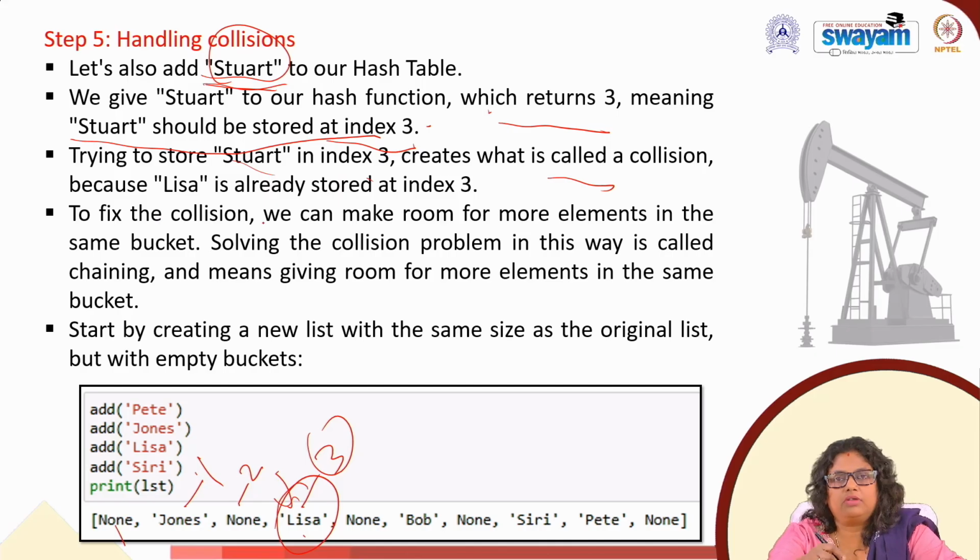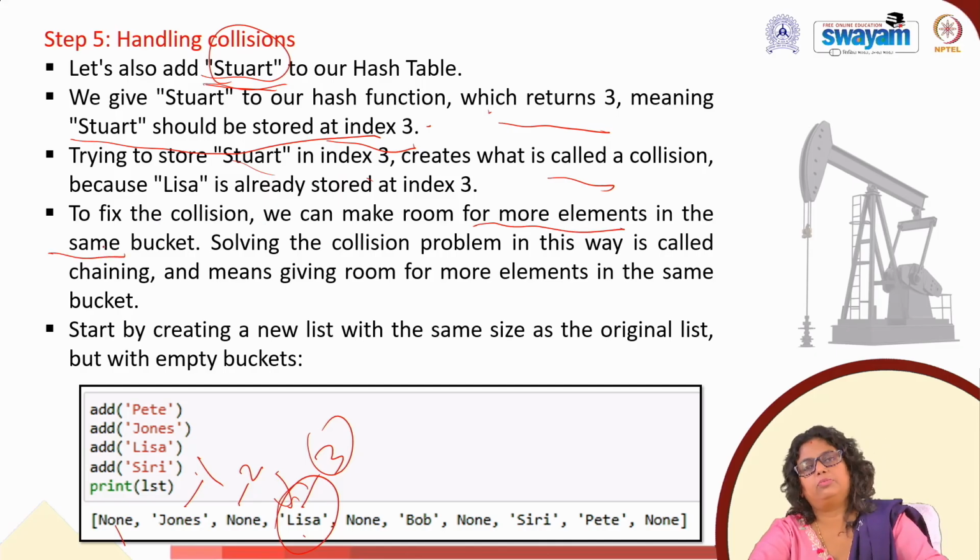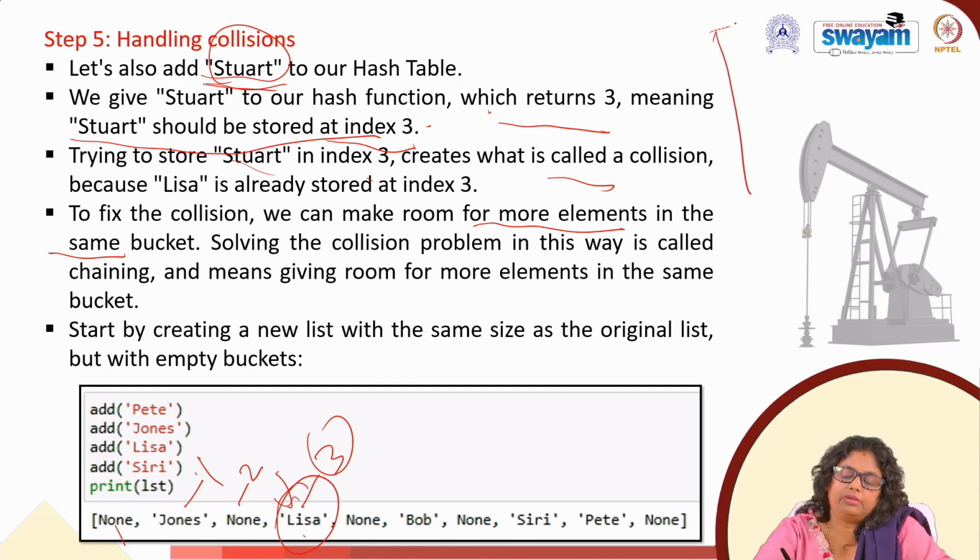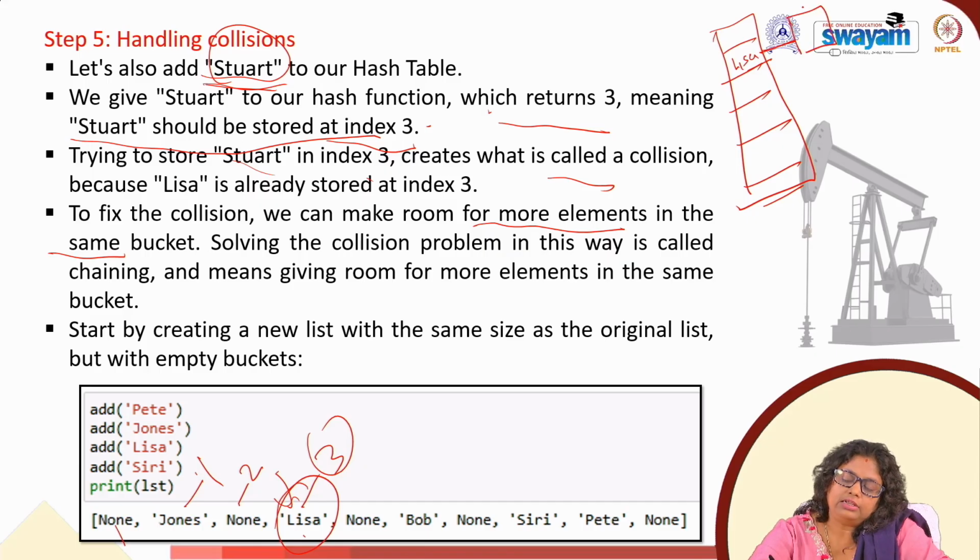To fix the collision, we can make room for more elements in the same bucket. How do we have to proceed? We require to make more room. So this is the bucket we are talking about. We already have Lisa here. Another way, we will be putting Stuart next to that, like a nested list.